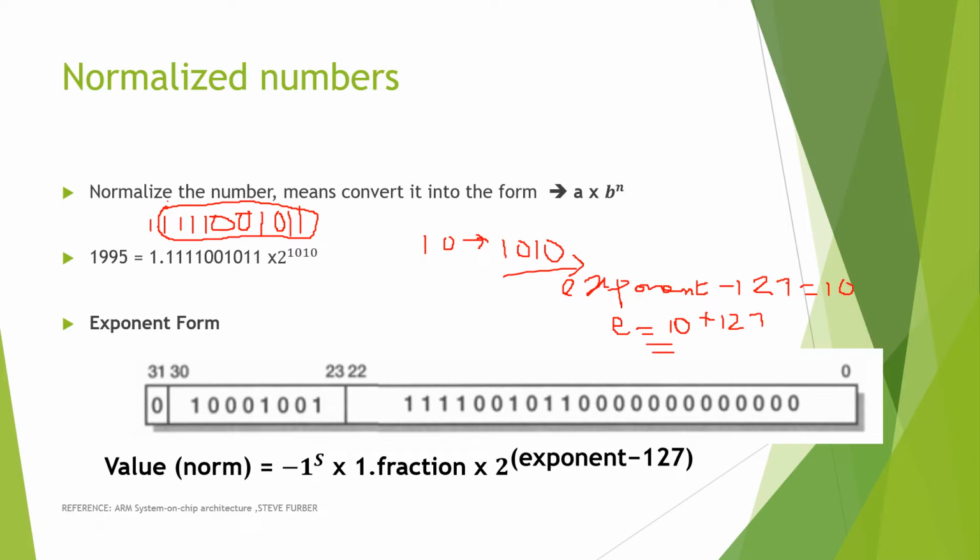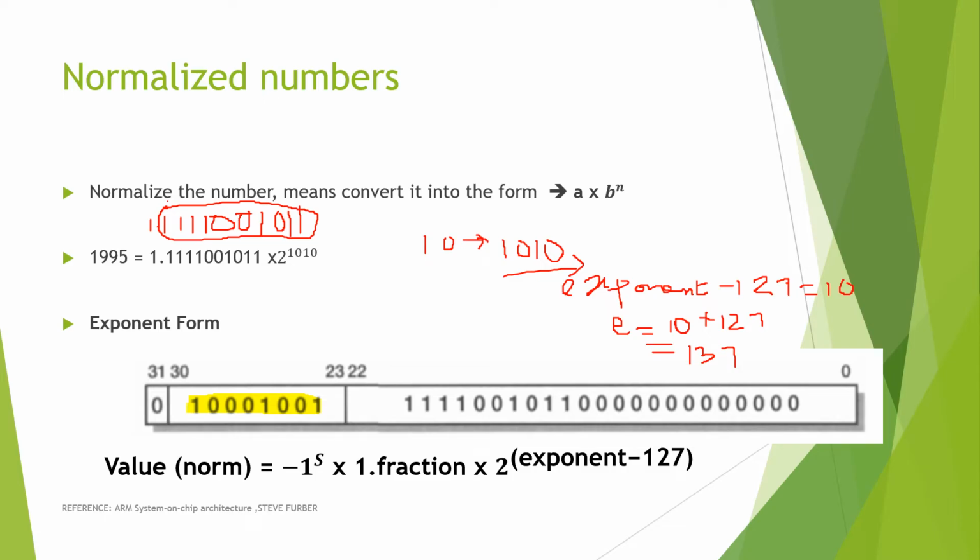It will be 137. The corresponding binary of 137 is what we have represented here. Hope you are clear with this.